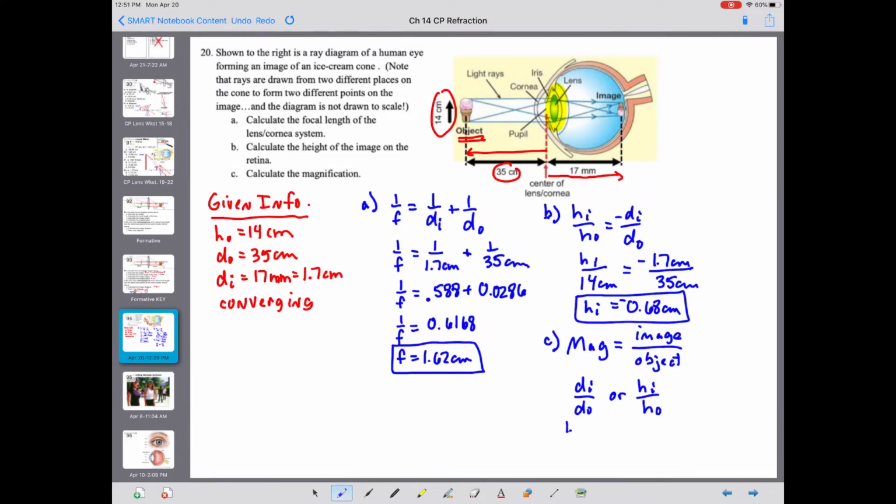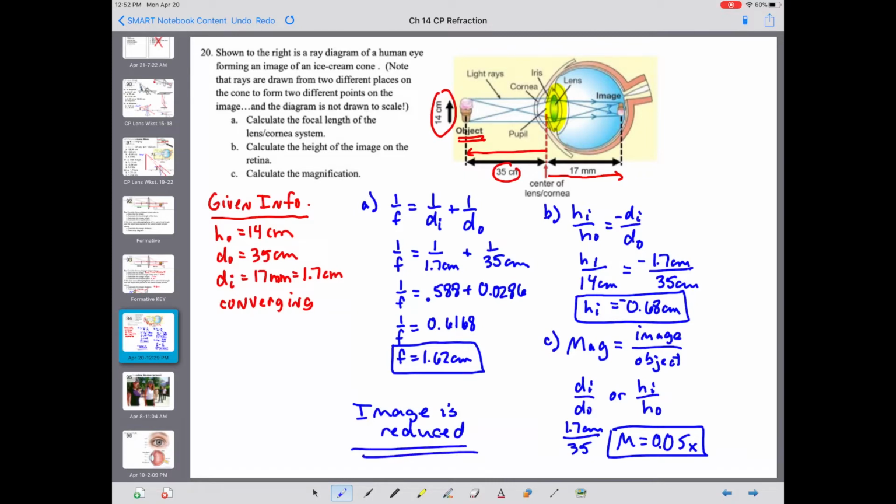So if I go with our distances, 1.7 centimeters divided by 35, that's going to give us a magnification value of 0.05. That means that the image is going to be reduced in size because you have a magnification less than 1. So the image is just a fraction or a decimal of the object size.